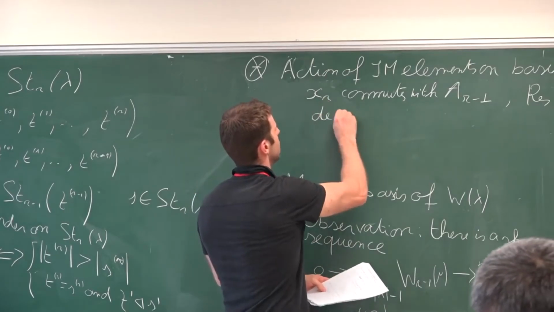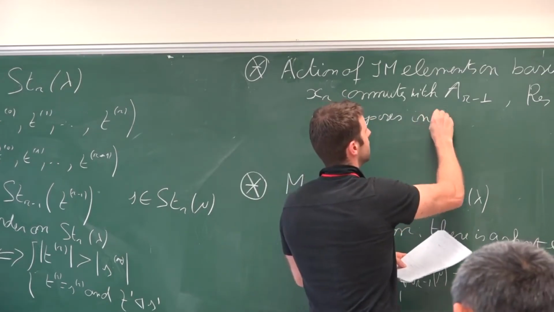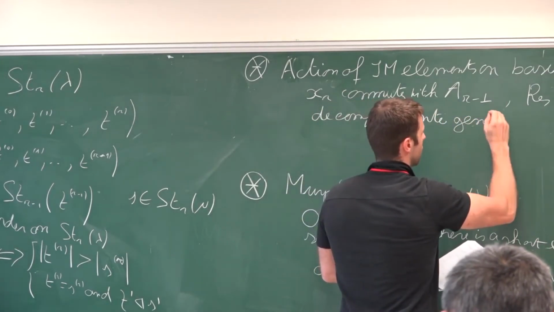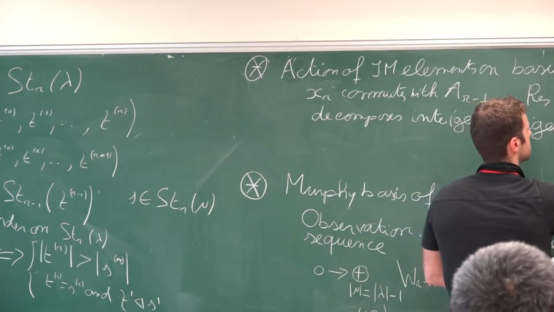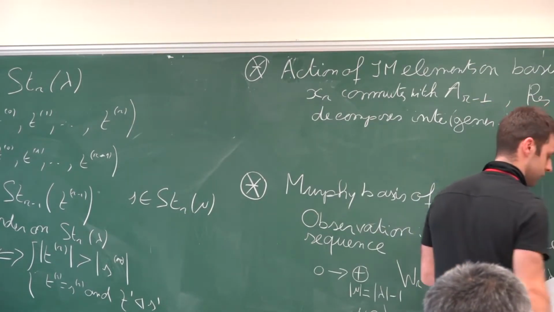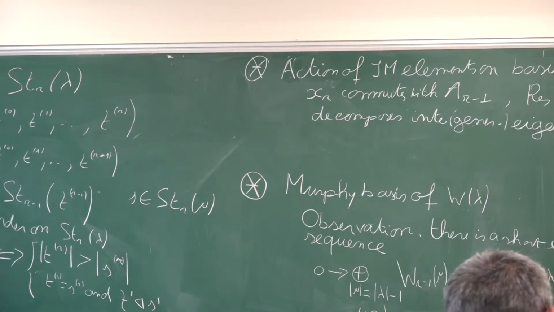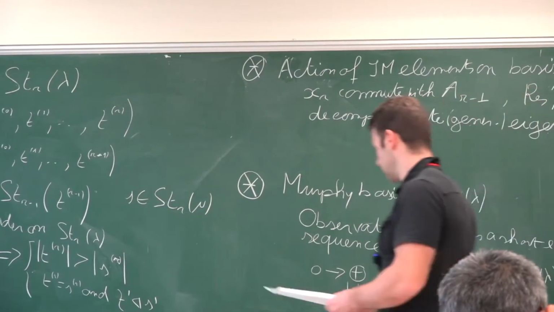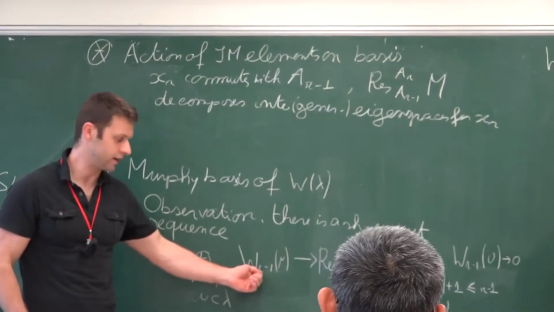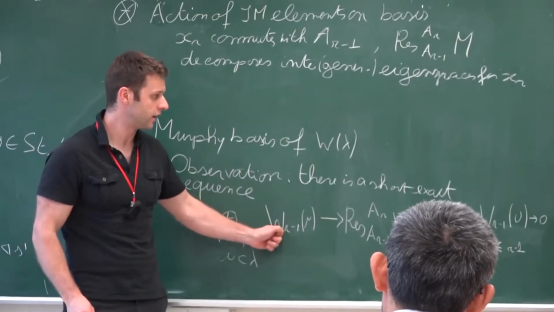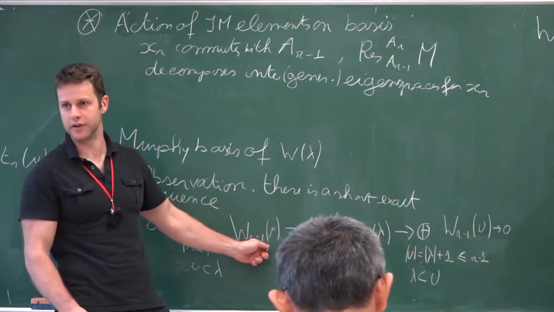So that space decomposes as a module into possibly generalized eigenspaces for XR. For instance, if I take some module here, then it will be inside an eigenspace for XR. And here it will be a generalized eigenspace in general, because it could be mapped to something there.